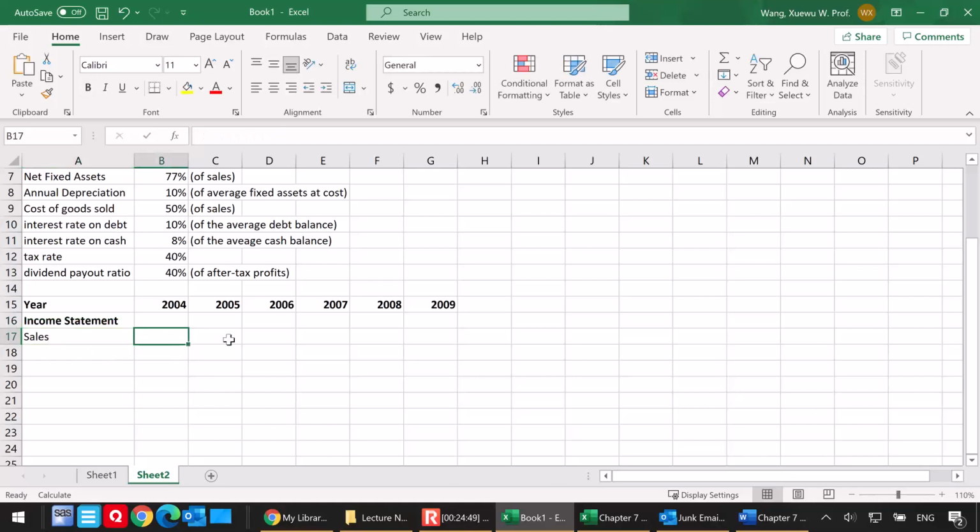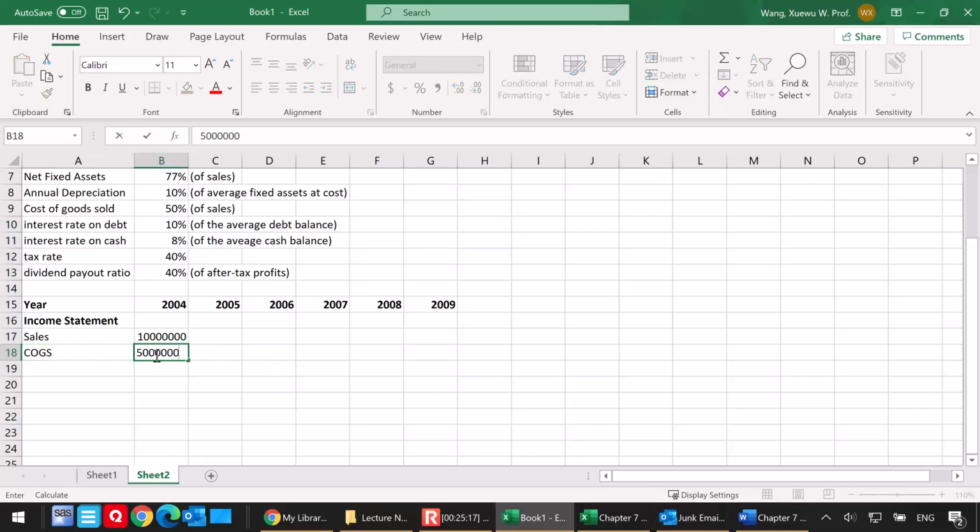So as of 2004, the company had sales of 10 million. All right, be careful with the zeros. And then if you look at the income statement in the lecture note, they have the cost of goods sold, which is actually 5 million.